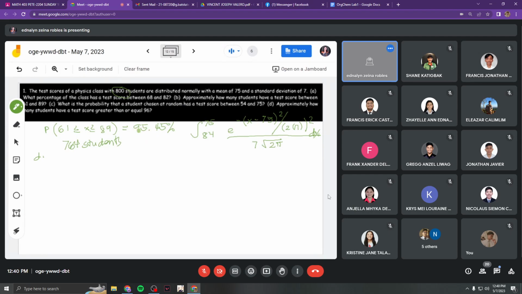letter C pala, what is the probability that a student chosen at random has a test score between 54 and 75?